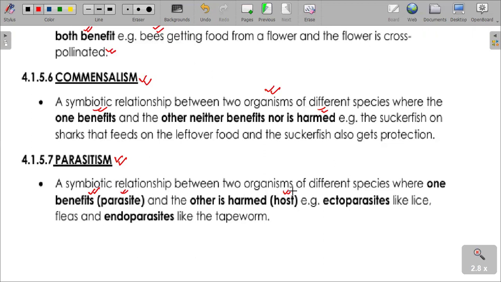We have examples of ectoparasites, e.g., lice and fleas, and endoparasites like the tapeworm. These are parasitic, a relationship between two organisms of different species where one benefits, which is the parasite, and the other is harmed.